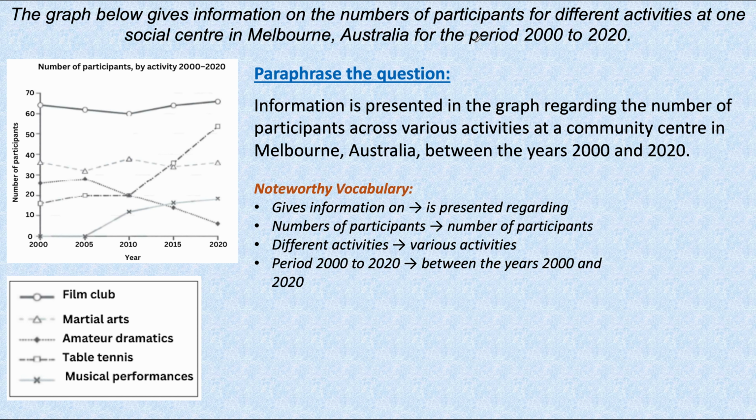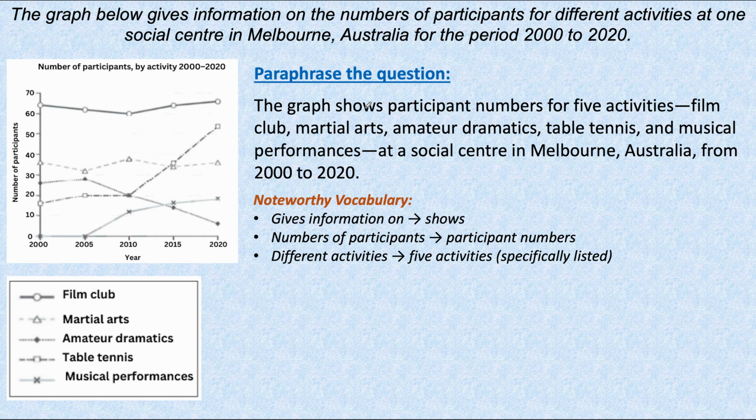In this paraphrasing example, we have used passive voice with this phrase, information is presented. Here we have another approach of how to paraphrase the question. Besides using some synonyms, we have included the names of the 5 activities from the question.